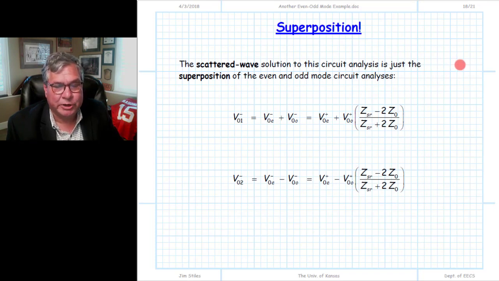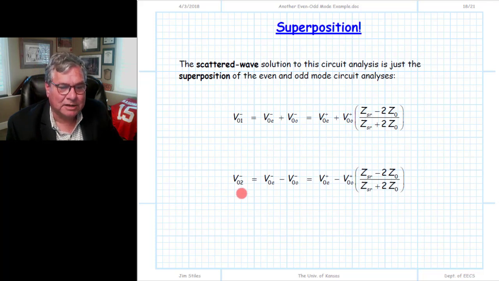All right, so what do we do now? Well, we apply superposition. For the minus wave amplitude on the left side, V01 minus, we simply take the sum of the even mode minus wave amplitude and the odd mode minus wave amplitude. So we take the two results and we add them together, shown here.